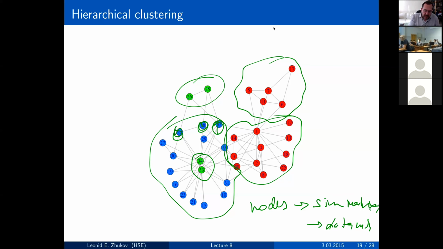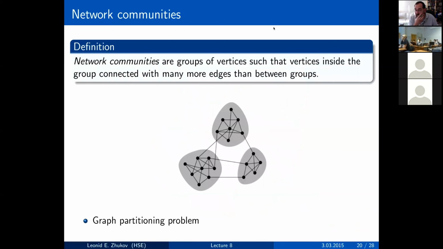Now, there is another definition. There is another way to think about network communities that actually stays entirely within the realm of networks. And this is the graph language now. We can define network communities, and this is the second alternative definition, as a group of vertices that are more tightly connected between them within the group than between the group and the rest. To me this is a much more intuitive definition, because it's not very clear what similar nodes are, but it is very clear when you're looking at the graph and you see dense patterns of connectivity.